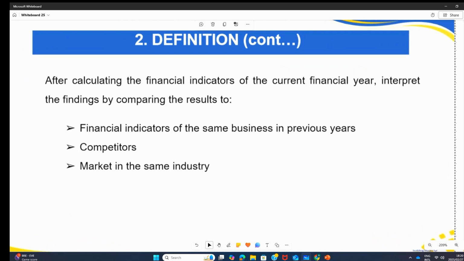Now, why would we want to do that? Let's look at these financial indicators that we are talking about. When we look at the financial indicators, we've got different categories of financial indicators. Some of these you have looked at in grade 10 and in grade 11. Now, if we look at the categories of the financial indicators, as I've said, some would be familiar to you.